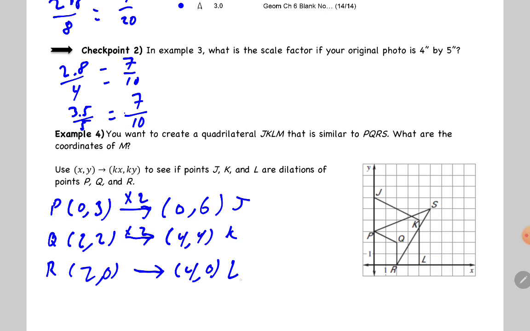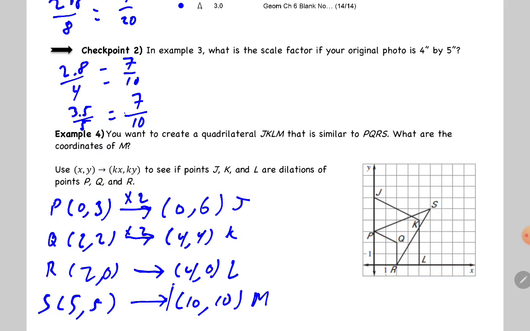This is L. Now they want us to find M. So S, which is at 5, 5. So we're going to double it. 5 times 2 is 10, and 5 times 2 is 10.